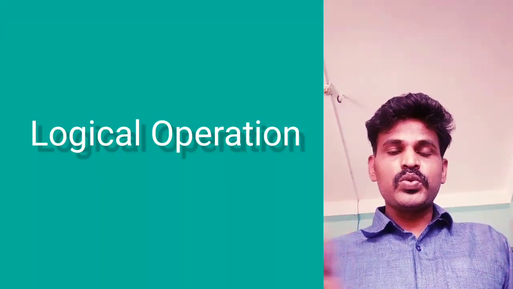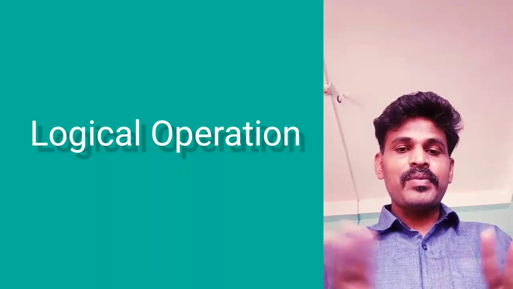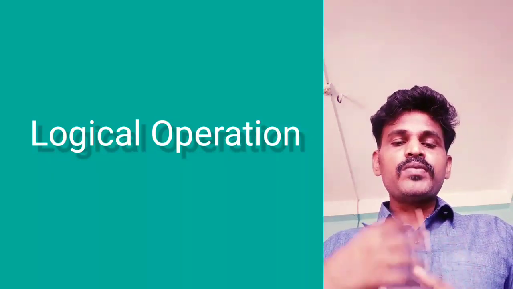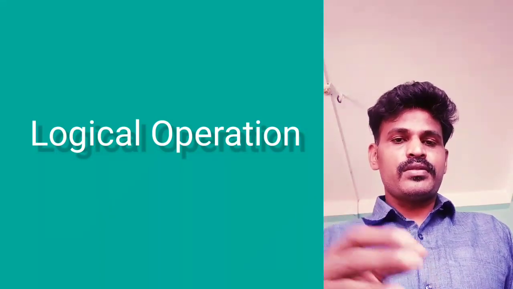Now we go to the next topic, the third point: logical operation. When two objects are compared in mathematics, it gives a meaningful result. Its output comes in the form of true or false. For example, I want to ask you one question: 10 or 5, which number is bigger? Obviously 10 is bigger.